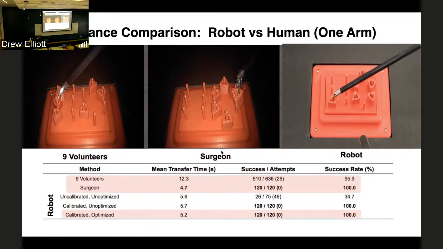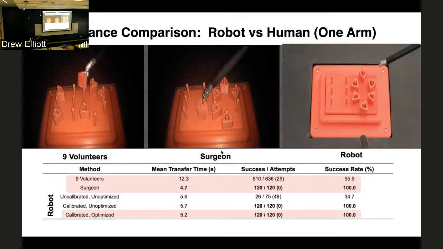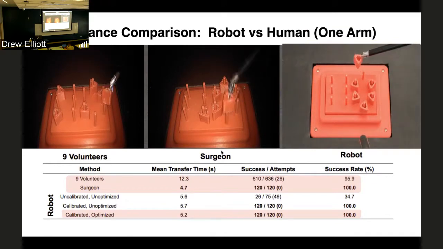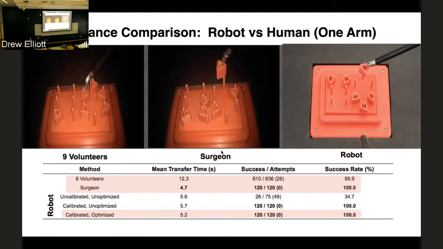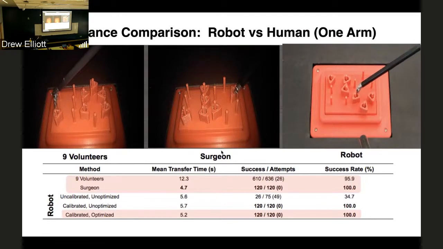The experiment was, we ran this for a number of trials. A trial is a full set of moving all the blocks to the right and then all the blocks back to the original pegs. Each one of those numbers is a sub-trial, if you will, a transfer.